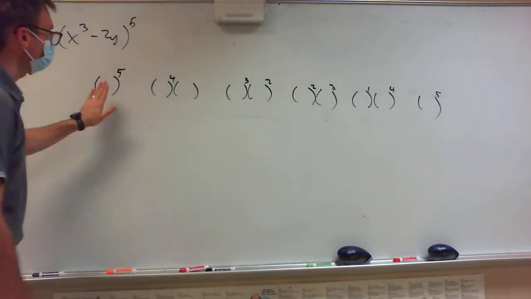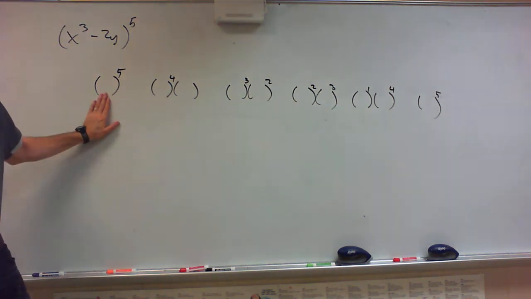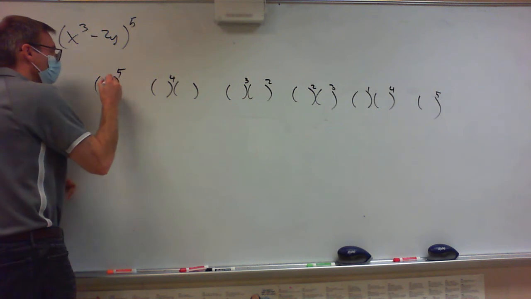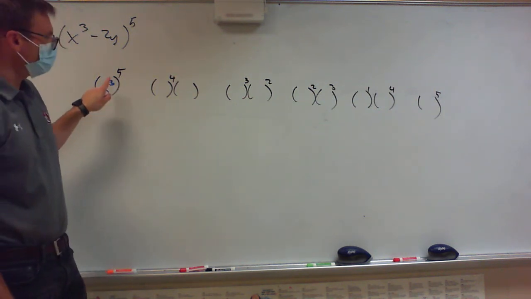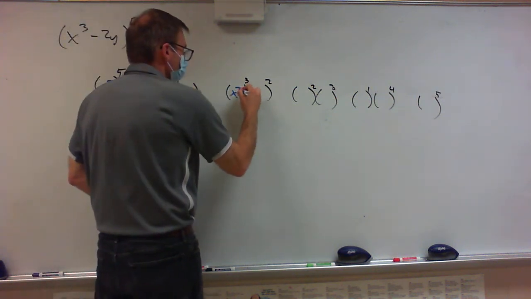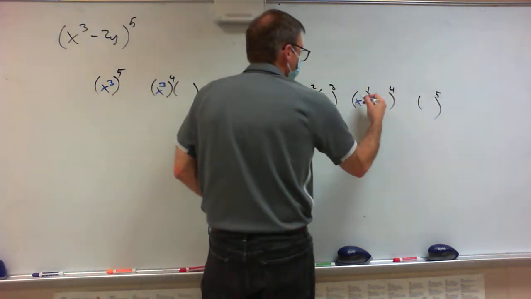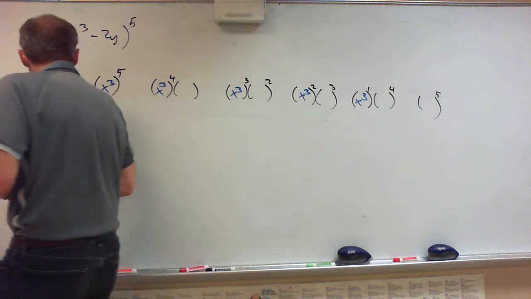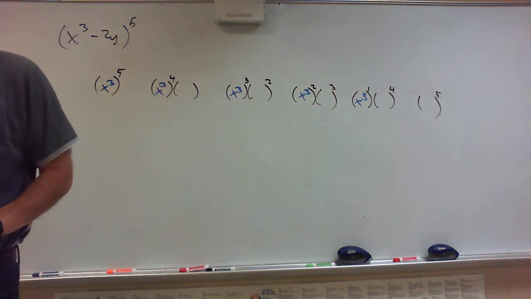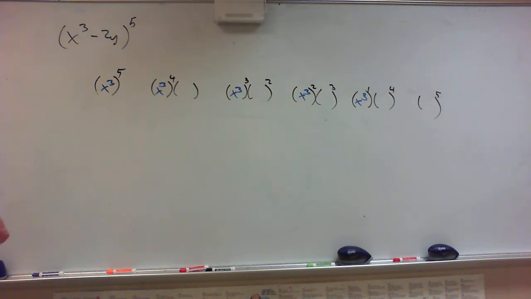All right, so first, what goes here? What's your first part? X cubed. All right, so if this is your first part, that means this is going to go in all of my first parts. So there's an x cubed here, an x cubed here, an x cubed here, and an x cubed here. What's your second part? Negative 2y.